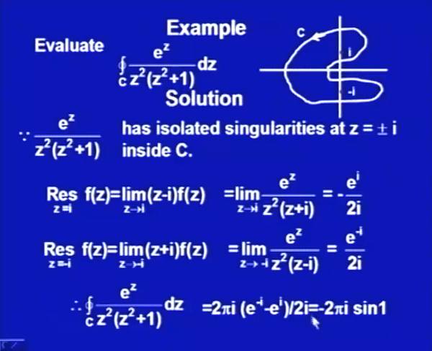The only thing which we have to remember is that whenever we are applying the residue method, we have to have the isolated singularity inside or interior to the given contour C. Whether we are using the simple residue integration method or applying the residue theorem where we have multiple isolated singularities, all of them have to be interior to the contour. Now, in this particular example we do have 3 singularities, 0, plus i and minus i, but 0 was not interior to the given contour on which we are integrating.